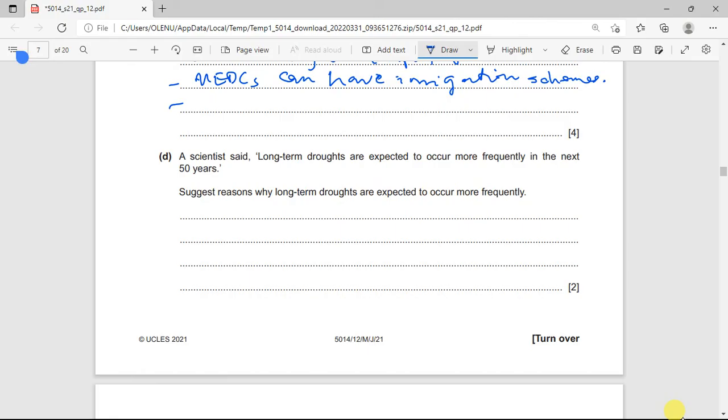A scientist said long-term drought is expected to occur more frequently in the next 50 years. Suggest reasons why.